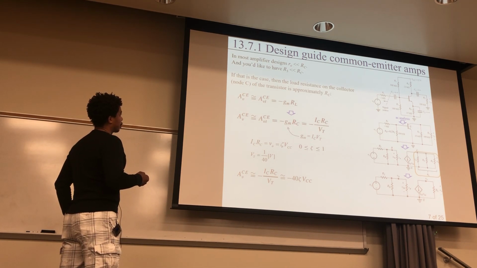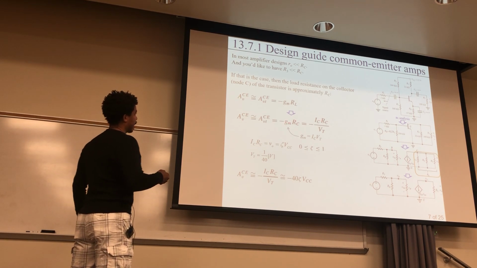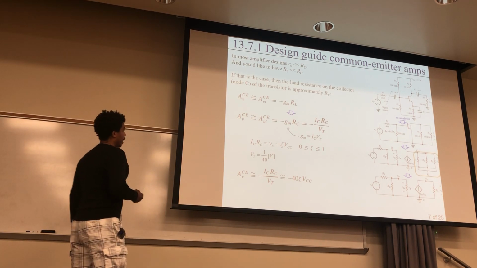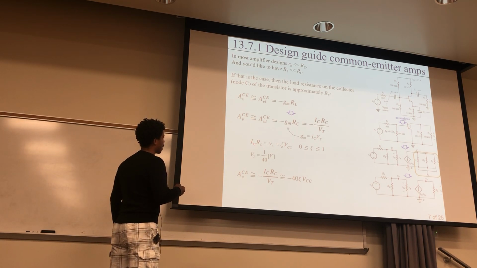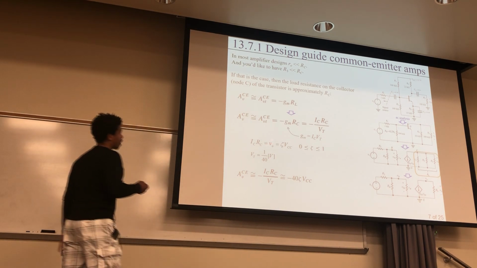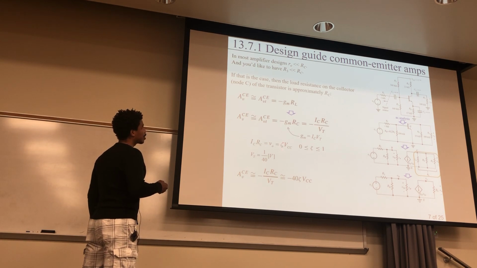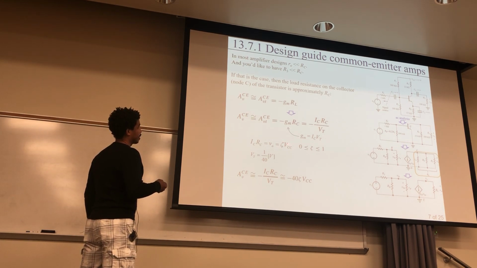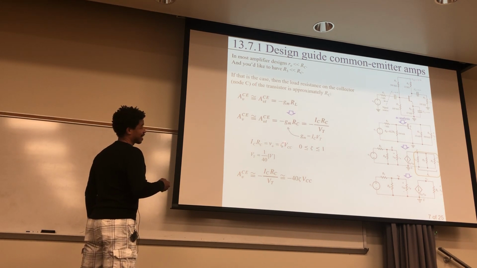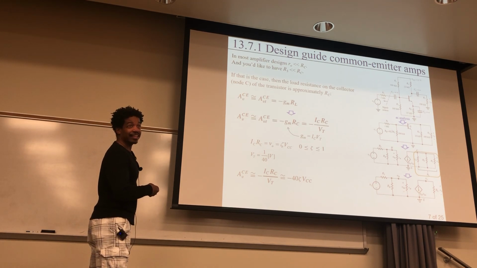And then this GM, the transconductance, is defined as IC over the thermal voltage. That's where this comes from. Passing a current through this RC is basically the voltage of your output, and that voltage of your output is some fraction of your VCC. And this Greek letter, is it chi? Psi? Anybody remember that?